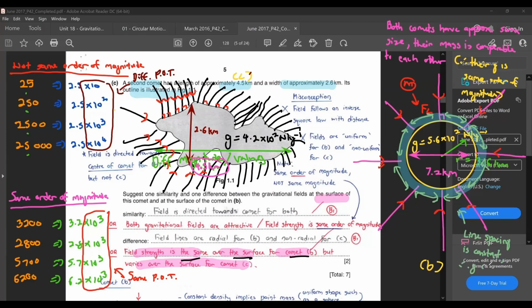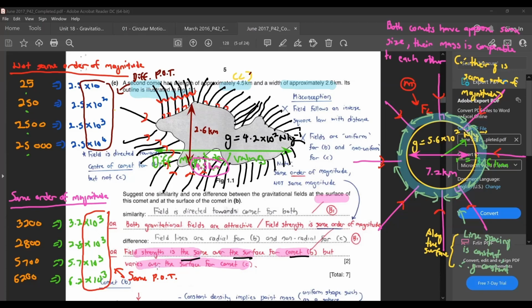Therefore, G is constant. This one you're talking about along the surface. You are not considering some far distance away from the surface. You're just considering along the surface. Okay? That's why here we can say the field strength is the same.